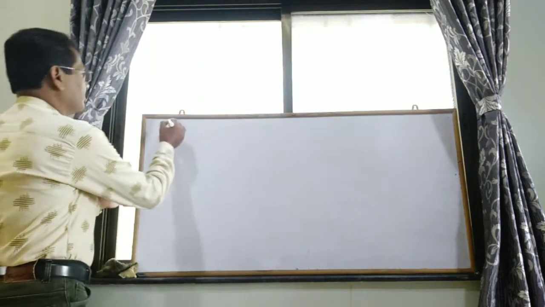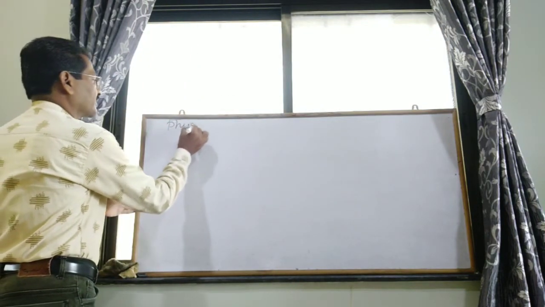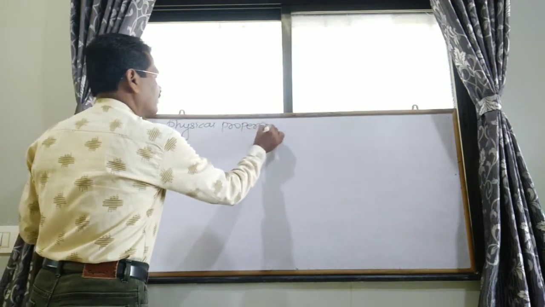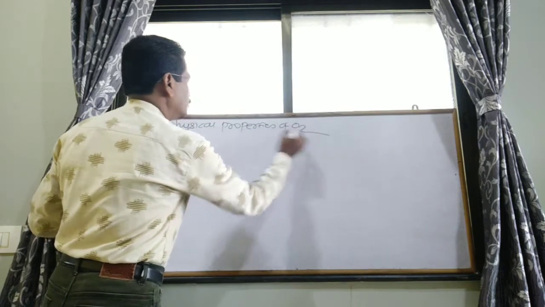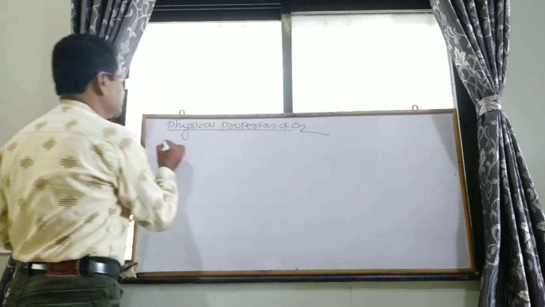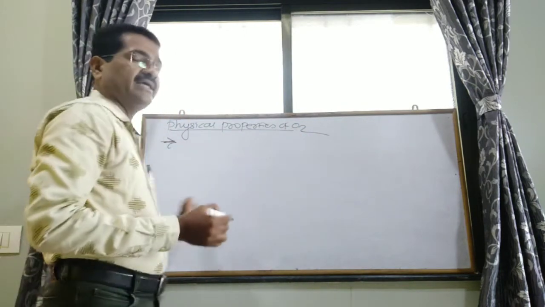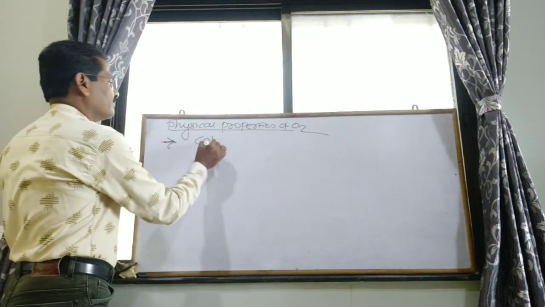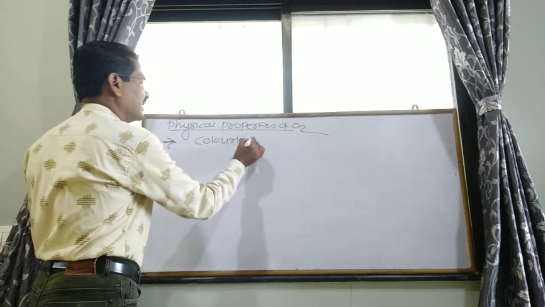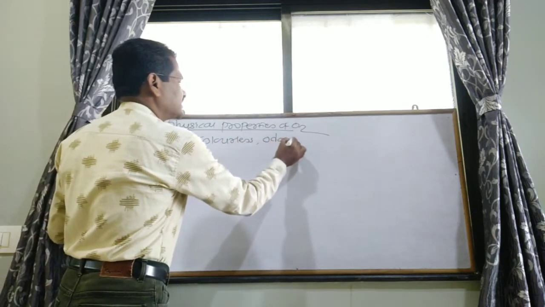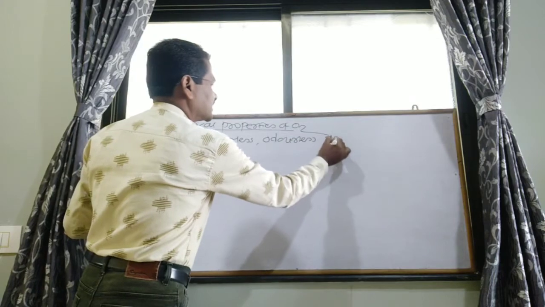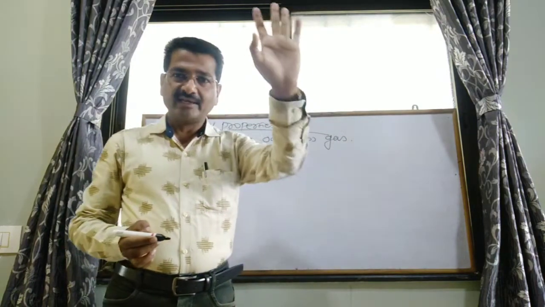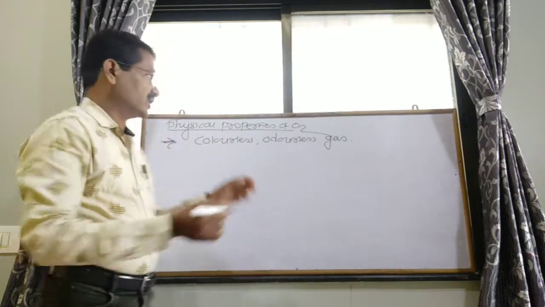The physical properties of dioxygen, O2. First, it is colorless and odorless gas. Oxygen is a gas, but it has no color and no odor.